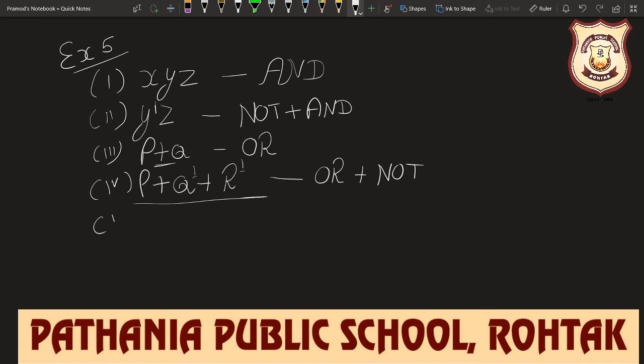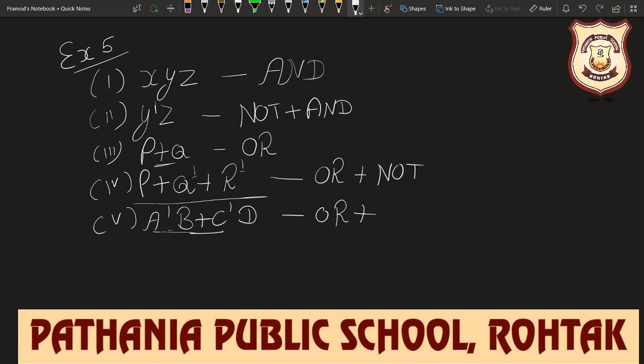In the next question, question number 5, A complement B plus C complement D. Plus is there, so your OR gate is here. So you can write down OR gate here.